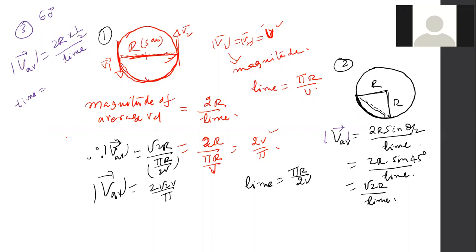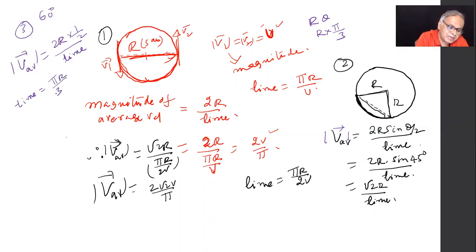Time for 60 degrees is pi r by 3v. The distance can be written as r theta, but theta in radians. So 60 degrees is how much? Pi by 3. So time equals pi r by 3 by speed v.